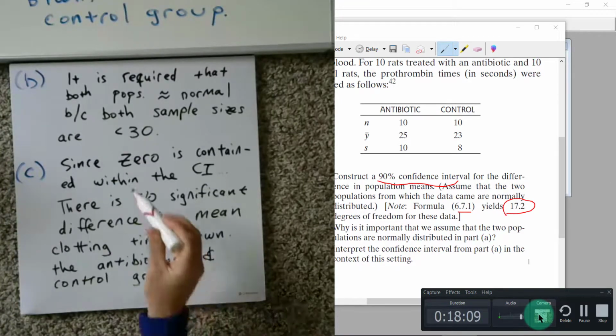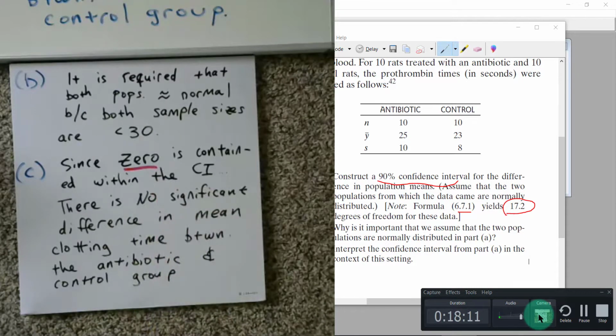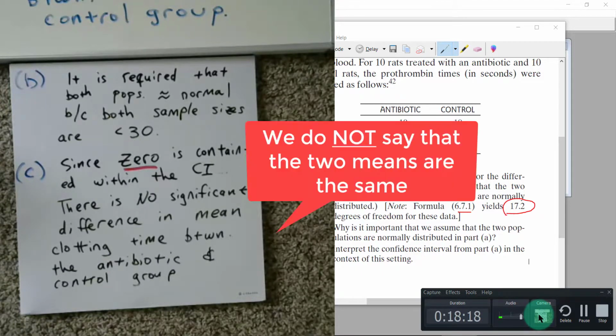Again, this is because 0 is within the confidence interval, implying that there is no difference.